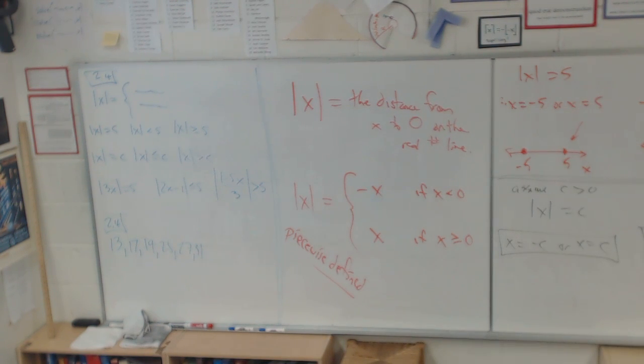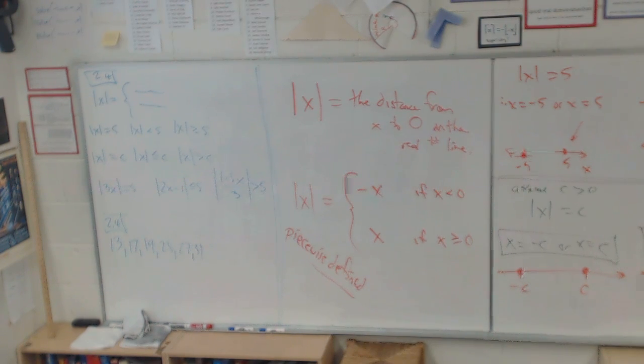And Lee, how about on this one, if the absolute value of X is greater than this positive number C? X is less than -C, or X is greater than C. Perfect. And the graphs for this are going to be very easy because I'm just going to put a number line right below, and it can equal this number, it can equal this number. We're calling that C. We're calling that -C.